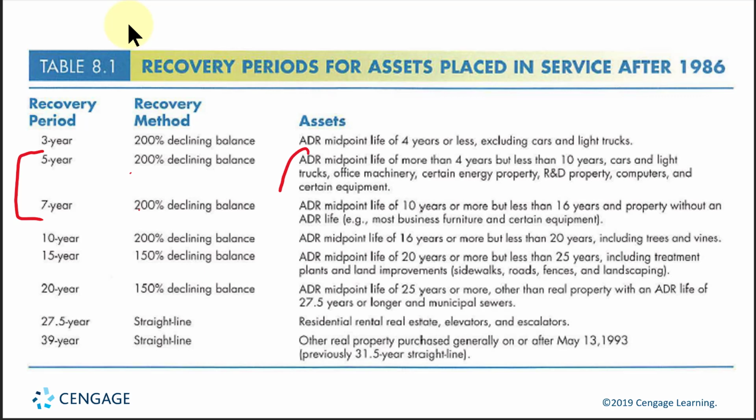Again, all of those categories, types of assets we mentioned before, yeah? And the actual calculation uses a depreciation method called double or 200% declining balance. We don't need to know the actual calculation because, again, the IRS will simplify it for us just to one percentage amount each year.